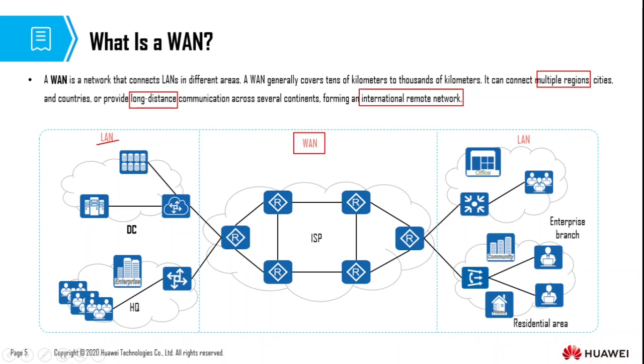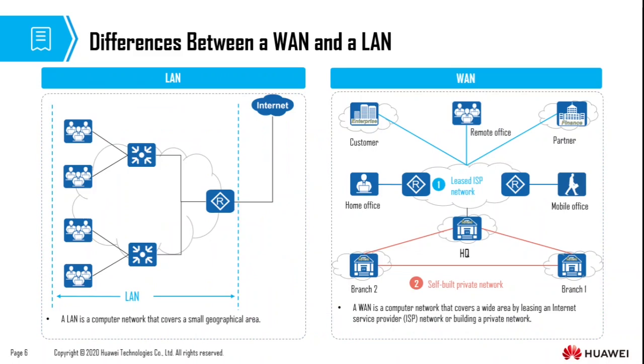Now, really, most of the time, whoever provides the WAN interconnection is actually the internet service provider. The internet service provider is the one that provides the WAN connection. Okay, so what is the main difference between a LAN and a WAN? One of them, we've just said, of course, is the coverage area.